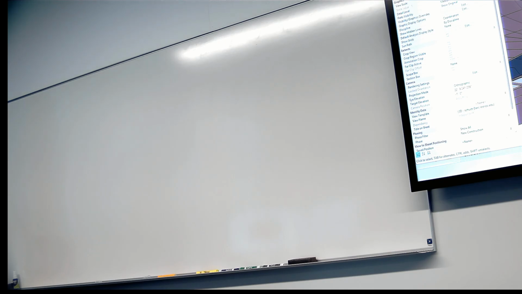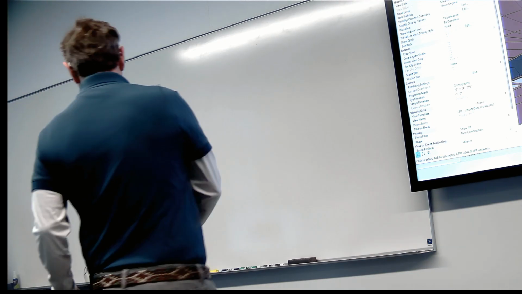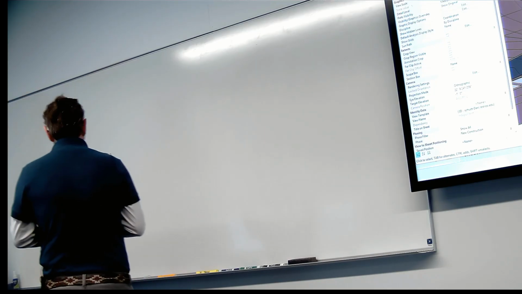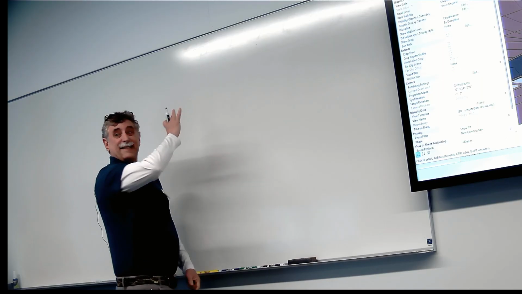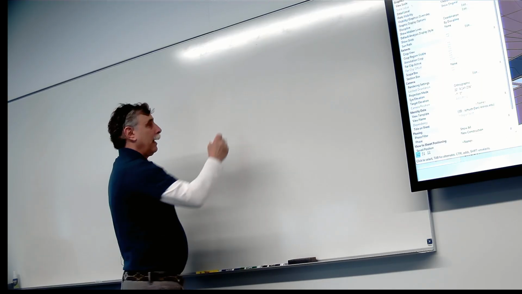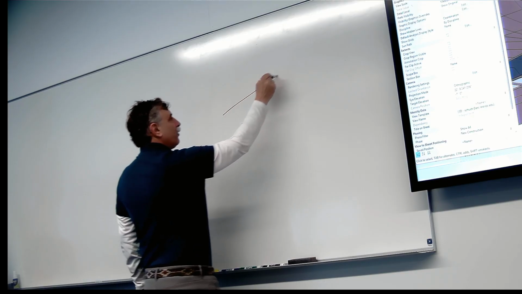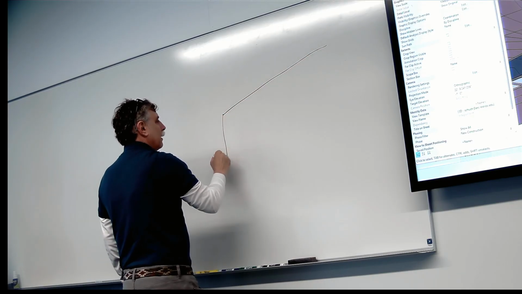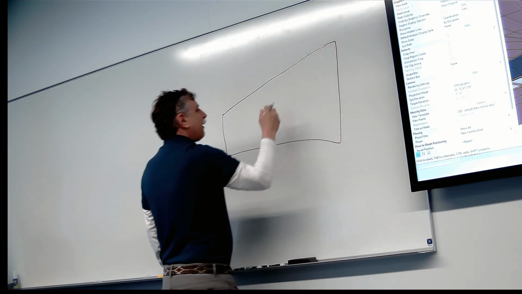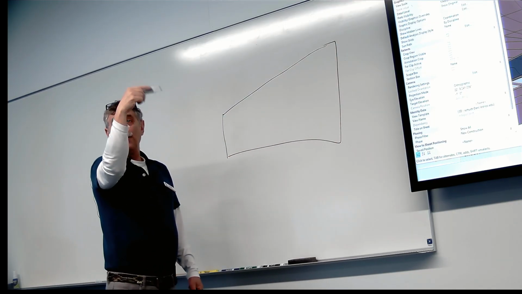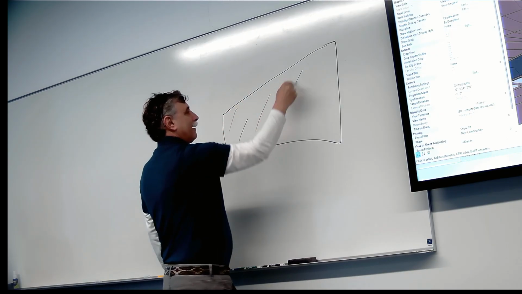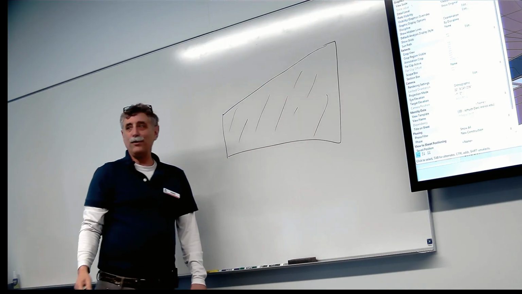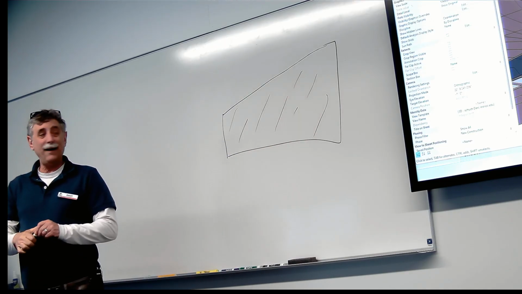So if we have a topography, and I'm going to do like a section view of it right now, okay? So here's a section view of my topography. And I'm not very good at doing the earth symbol, so I'm not going to take time to do the earth symbol for my cut and fill.